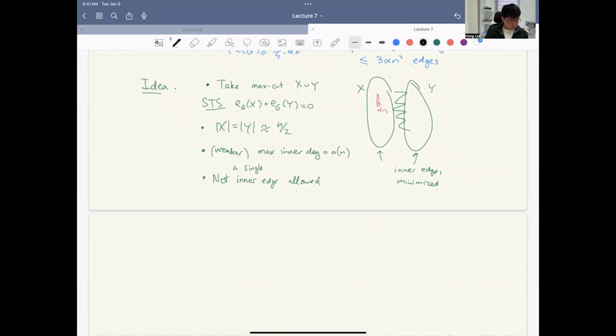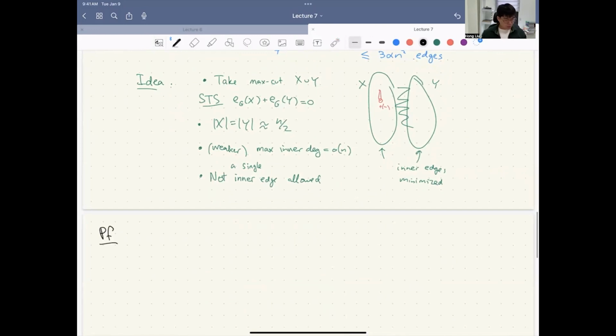Proof. Let G be an extremal n-vertex C_{2k+1}-free graph.